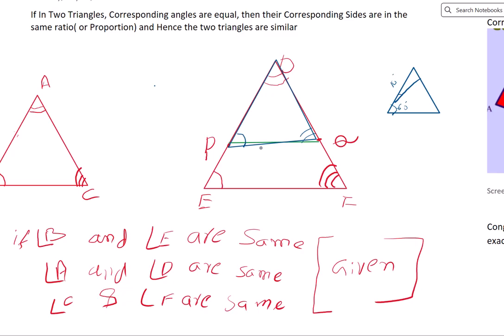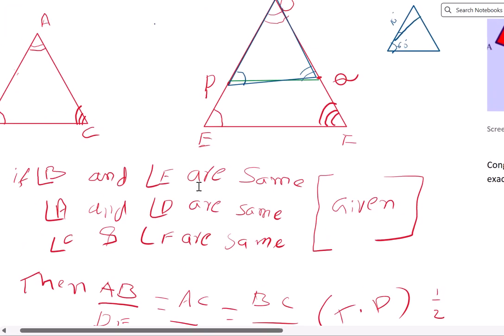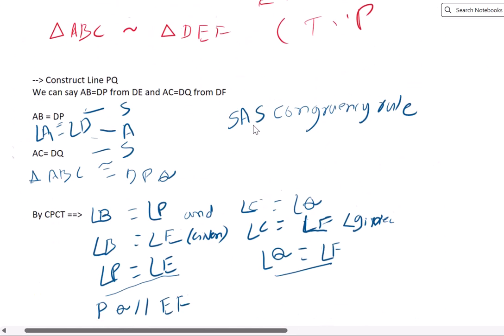If the angles are the same, then the lines will automatically become parallel. That is how we came to the conclusion that PQ and EF are parallel. Though they look parallel in the diagram, mathematically we have to prove that.